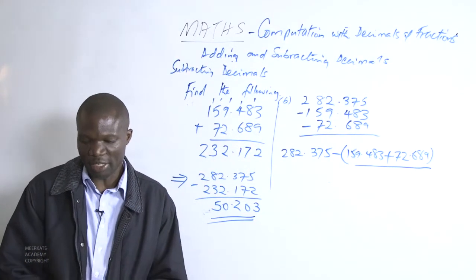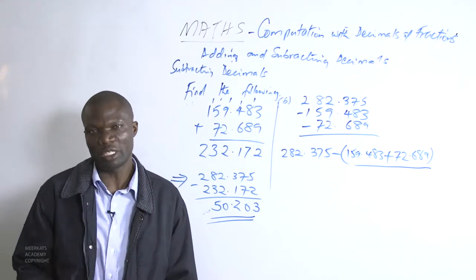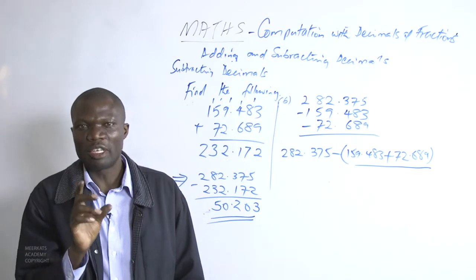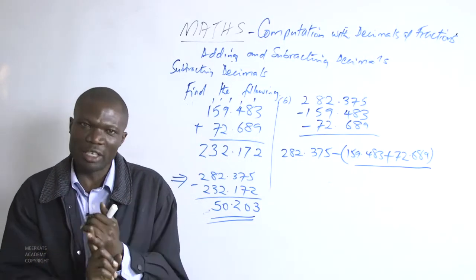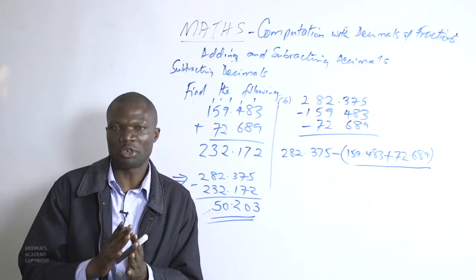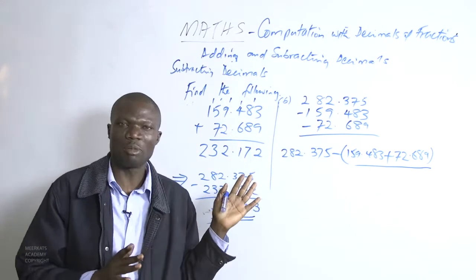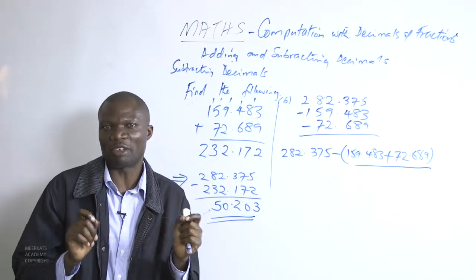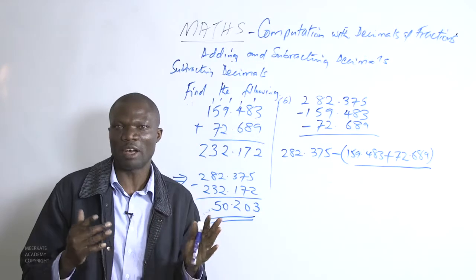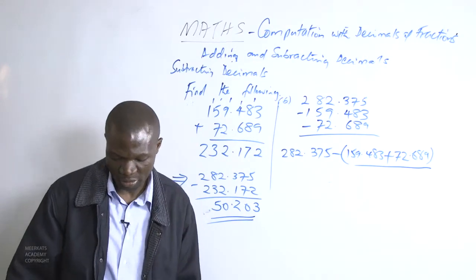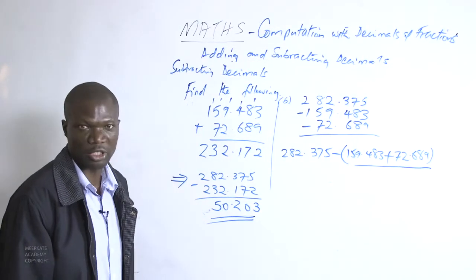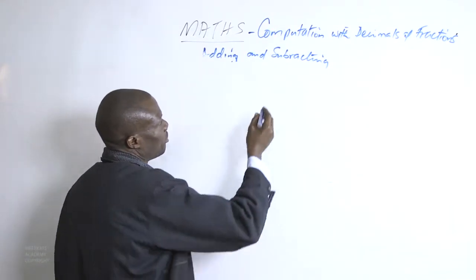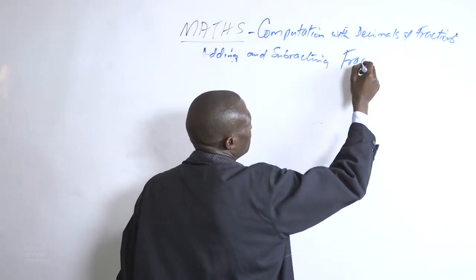Now let us look at fractions. Remember we said earlier on that we have two that represent part of a whole. One is decimals and two is what we call fractions. We have seen how we can add decimals and how we can subtract decimals. Let us now look at fractions and see how to add and subtract them.